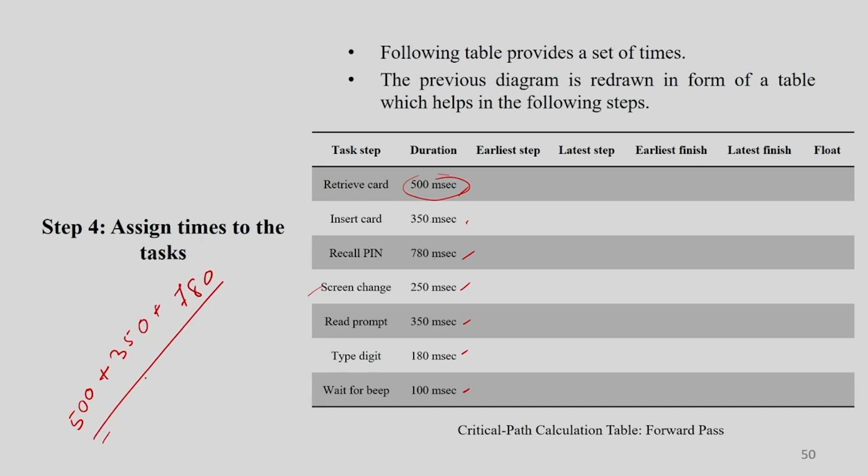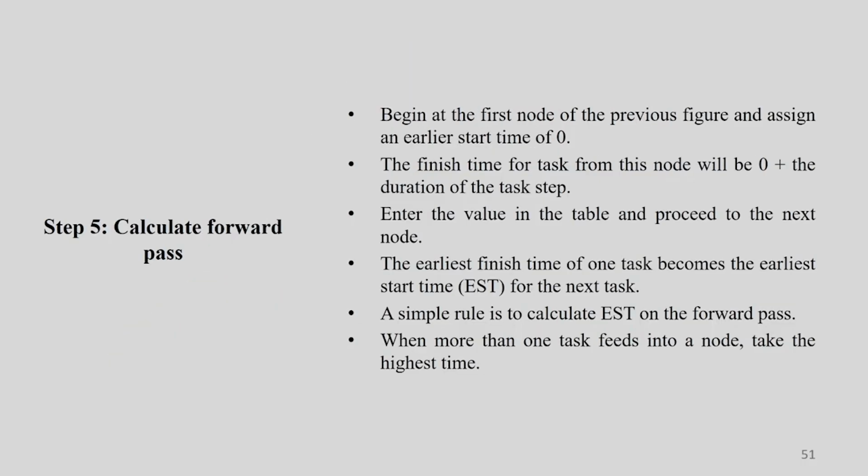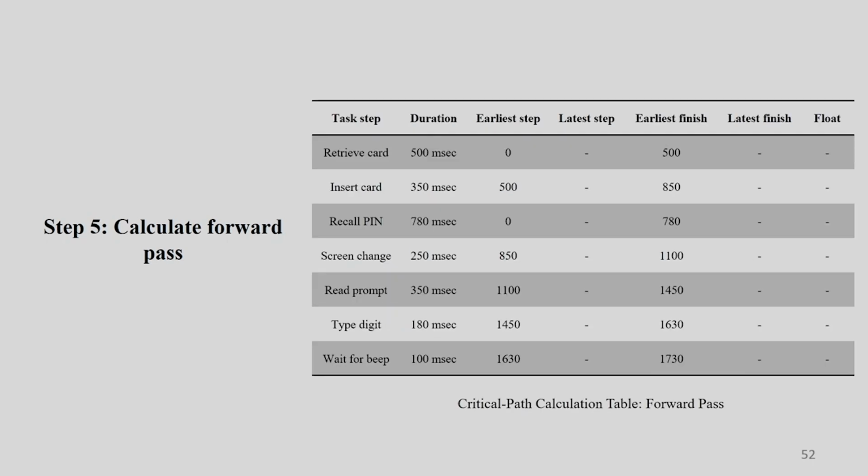That is the possibility for the earliest start time for screen change, fine. A simple rule is to calculate EST on the forward pass, because it's plus, plus, plus. When more than one task feeds into a node, it always takes the highest time. Now calculate the forward pass.